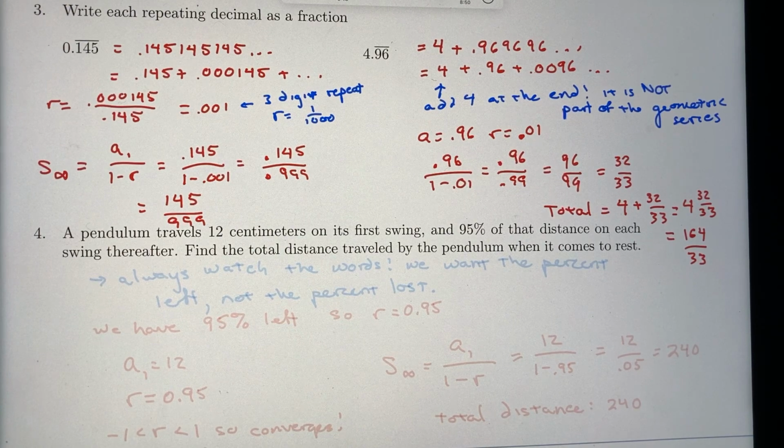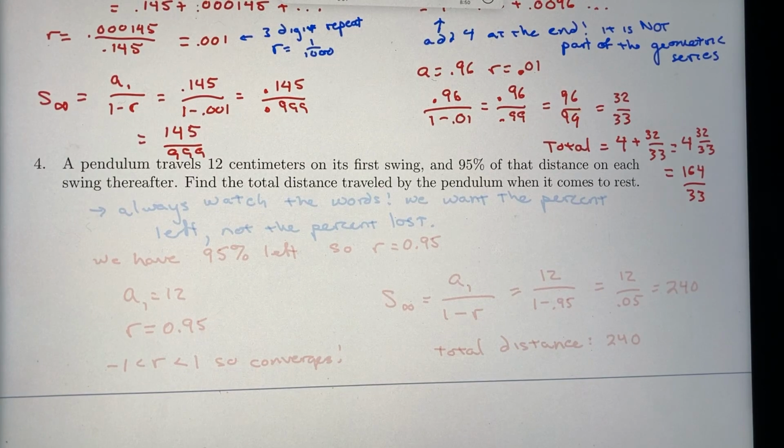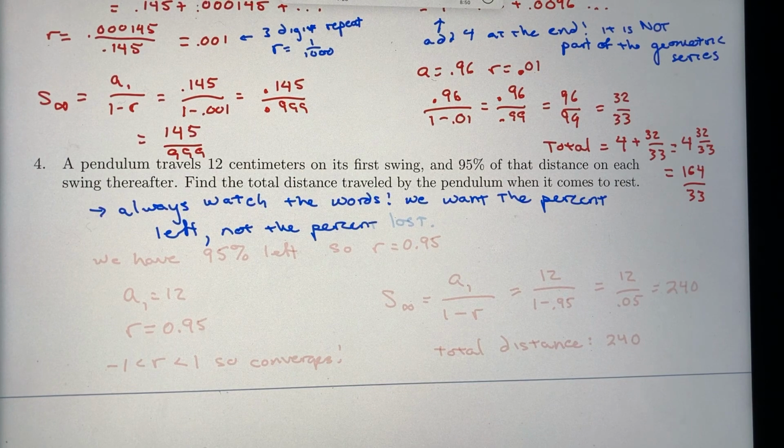Okay, next we want the percent. We want the percent left, not the percent lost. So always watch. So in this case, we actually have the percent left.